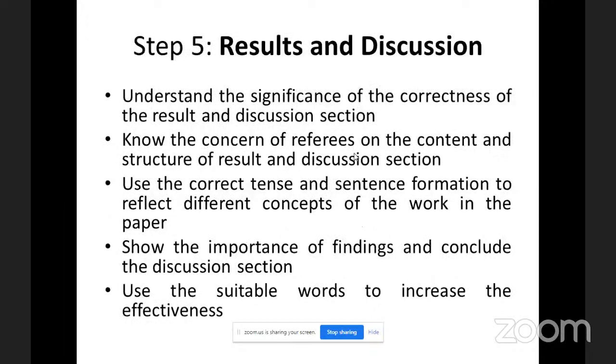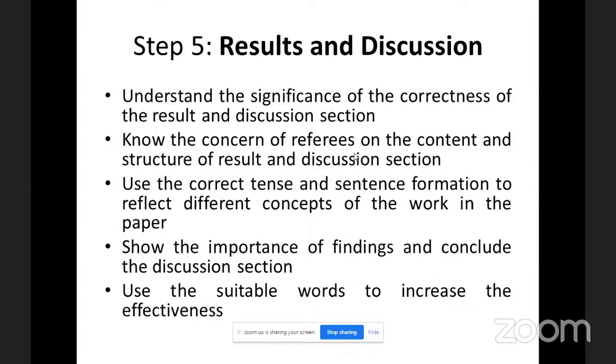So these are the different steps you can utilize in writing the results and discussion from the point of view of a referee or reviewer. Utilize the correct tense: because you already performed the task and obtained the results, utilize the past tense. Show the importance of findings, that is, how your findings are very, very helpful for future researchers.